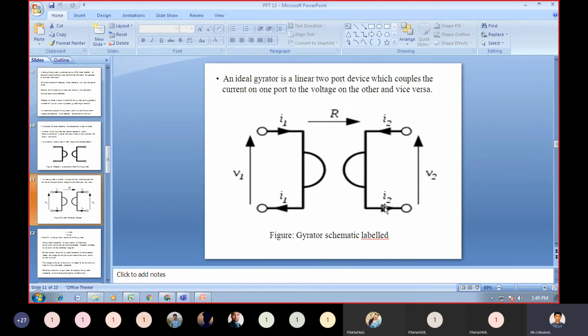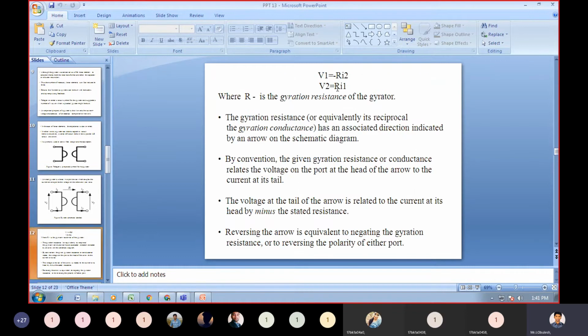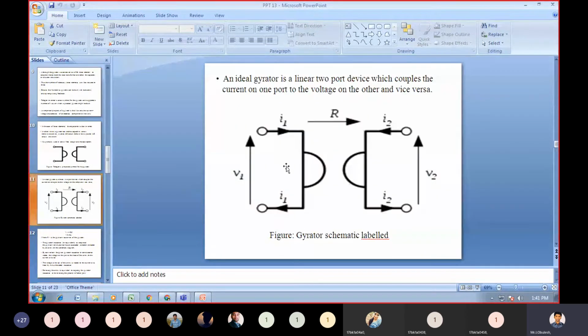From the governing equations, the instantaneous power into the gyrator is identically zero. Let us assume that power P equals zero.